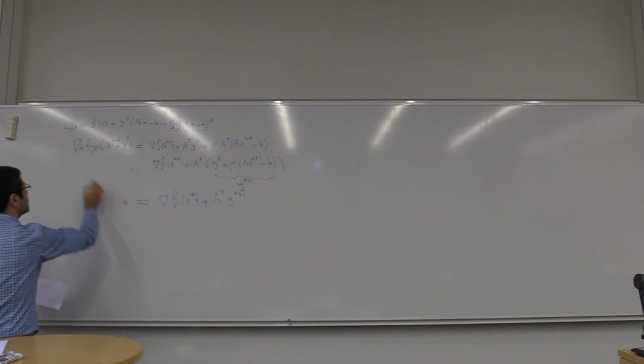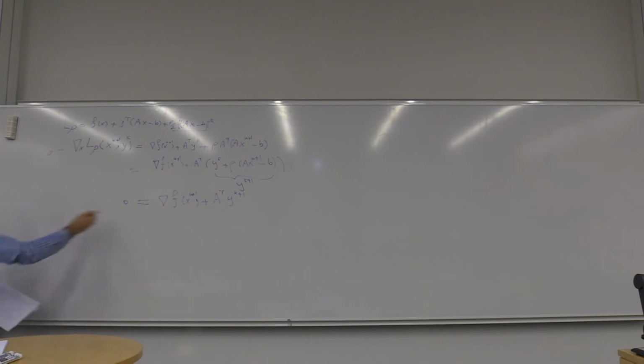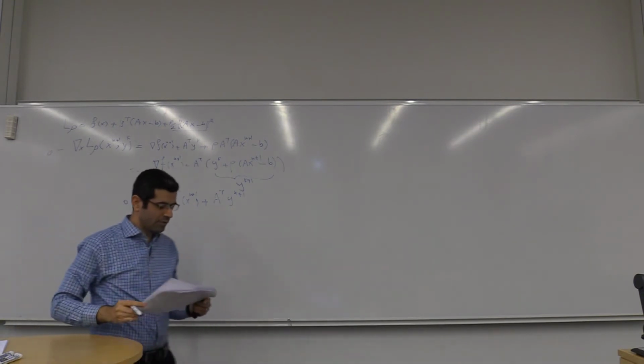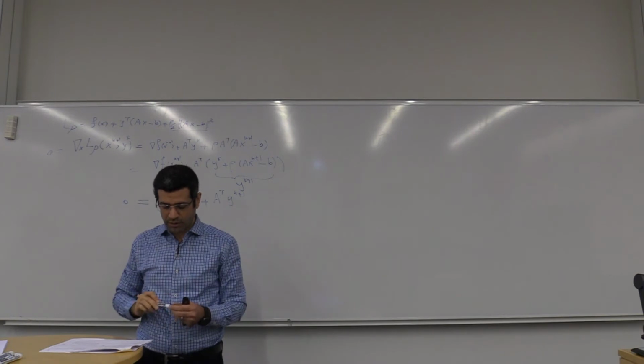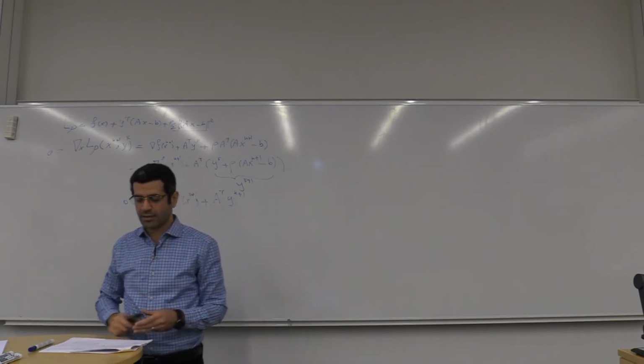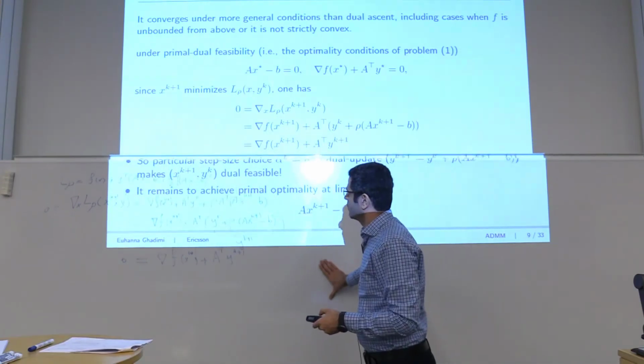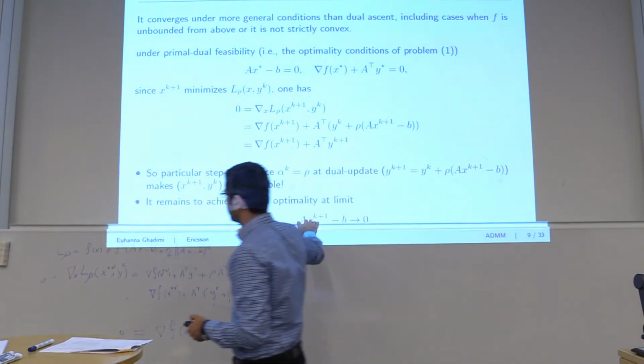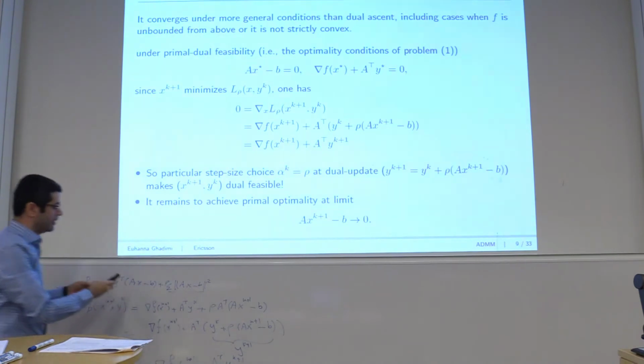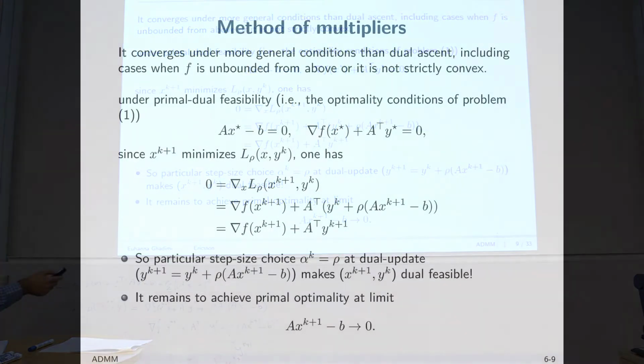And I put it equal to 0, and it means that if you start from 0, it remains at 0. So you get the dual feasibility for free, basically, the second term here, at each iteration.